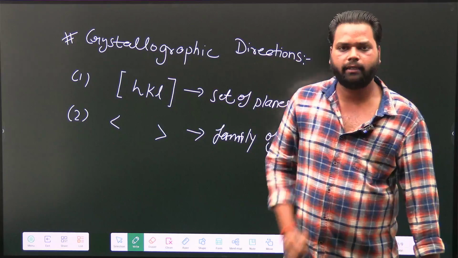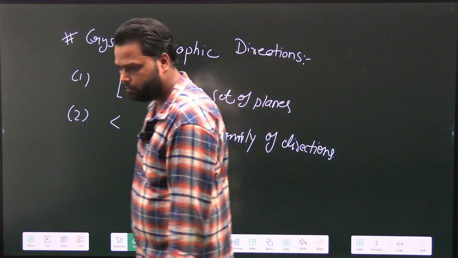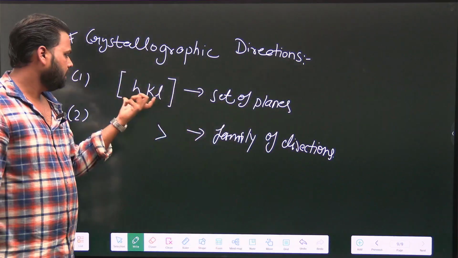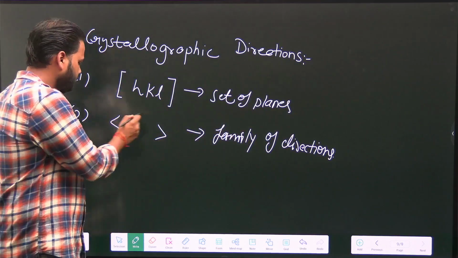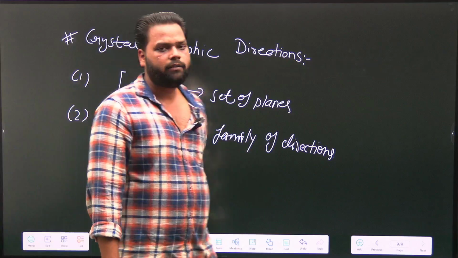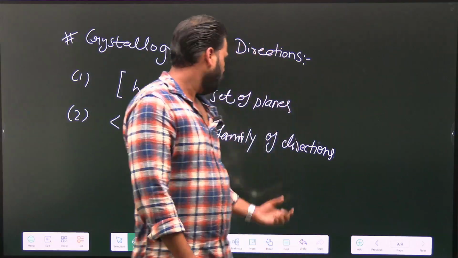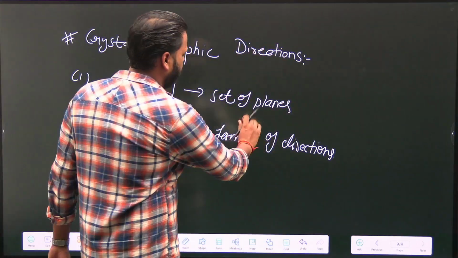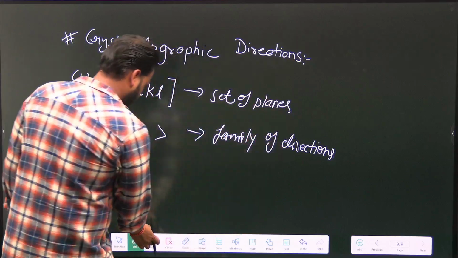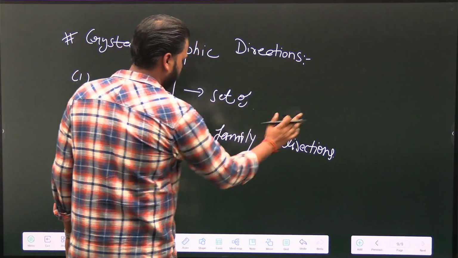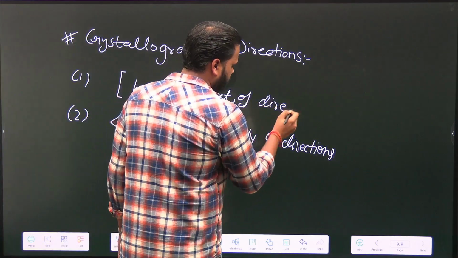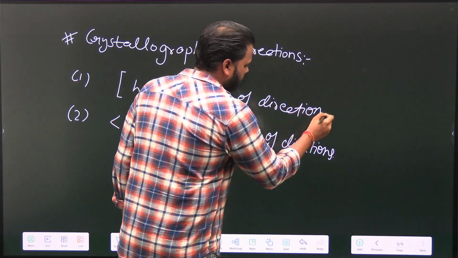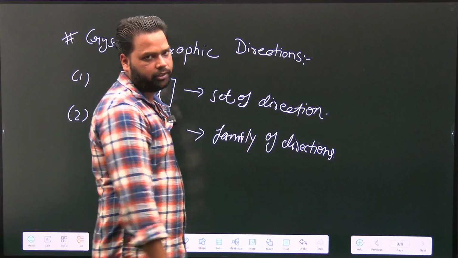There is a small bracket for denoting the HKL. Here we will use the big bracket for the set of planes and this bracket for showing the family of directions. Set of directions, not planes. Set of directions and family of directions.